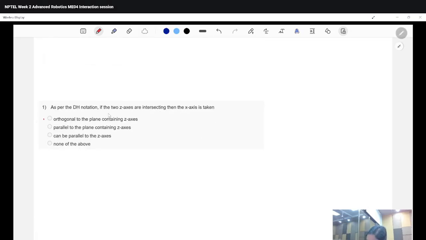As per the DH notation, if the two z-axes are intersecting, then where is the x-axis taken? Initially we wanted the x-axis to lie at a particular distance between the two z-axes, whether it is a revolute joint or a prismatic joint. But if they are intersecting, then we take the x-axis orthogonal to the plane containing the z-axes.